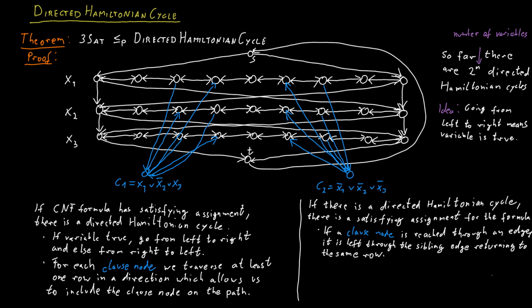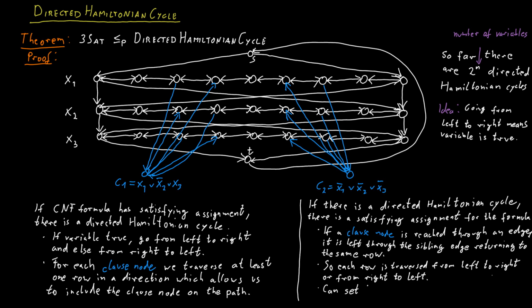And so we can remove this clause node from our path and just follow the new path using this directed edge for the nodes that we visit just before and just after the clause node. In this way, we can remove all the clause nodes and we are left with a simplified path on the remaining nodes of the graph, which just for each line goes from left to right or from right to left and then goes to the next line.